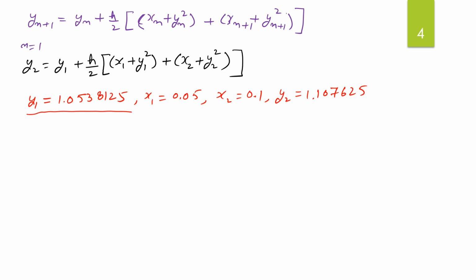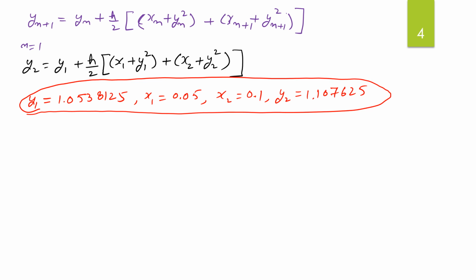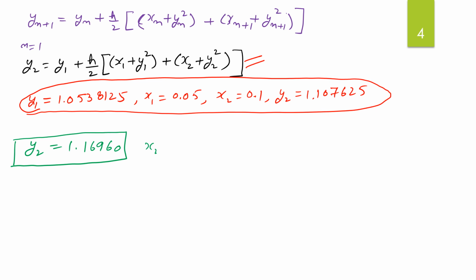Substituting all these values in this equation, we get the value of y2 is equal to 1.16960, which is the required answer for the given question. So y2 is at x2, that is 0.1, for which we had to solve. Over here we have taken h is equal to 0.05.